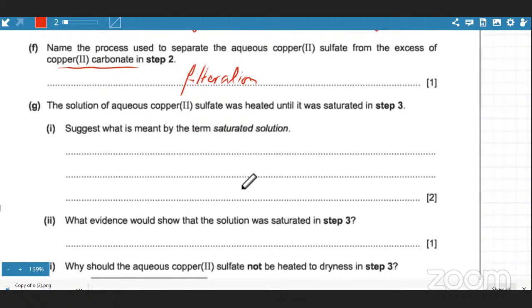A saturated solution is one where excess solute particles are present, and now crystallization is possible.